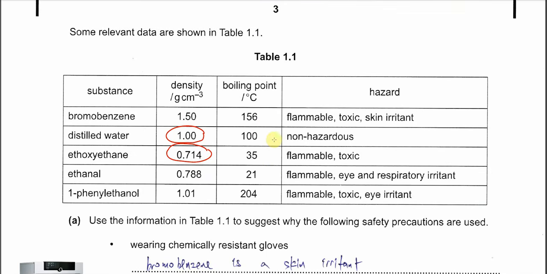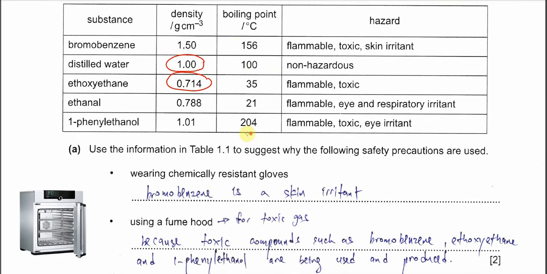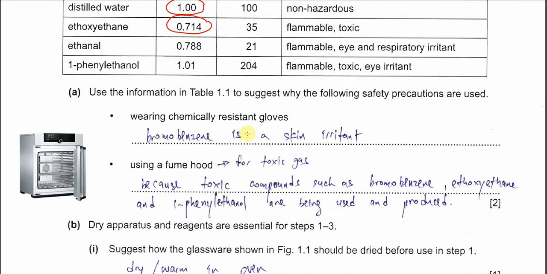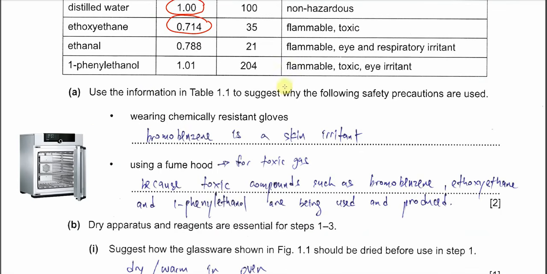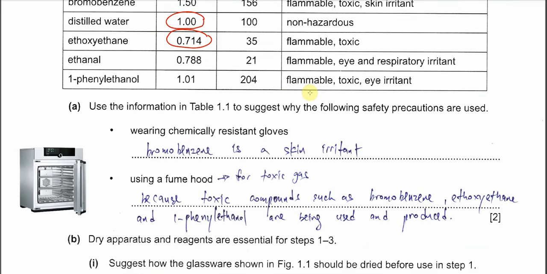This table, the density, we already discussed, and we'll get back to it later. For part A, use the information in table 1.1. Suggest why the following safety precautions are used. First, wearing chemically resistant gloves is for corrosive chemicals.